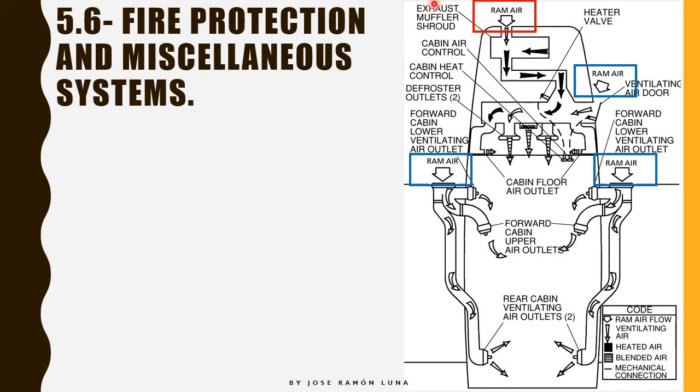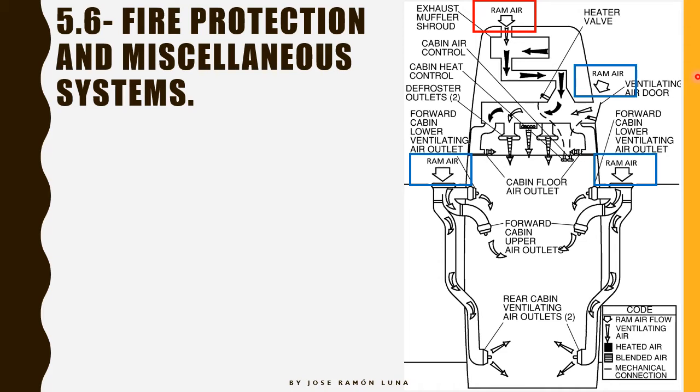Well, this is where it is. That's that box right there. This box right here is basically where that heat exchange happens. If we go down here to the code, we can see that the ram air is coming in cold, it's ventilating air, and then it becomes hot. It becomes bold black.